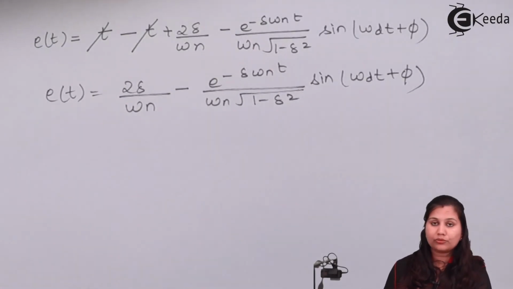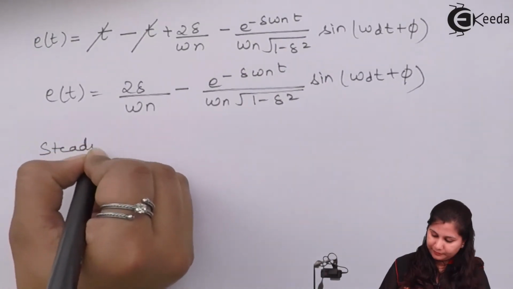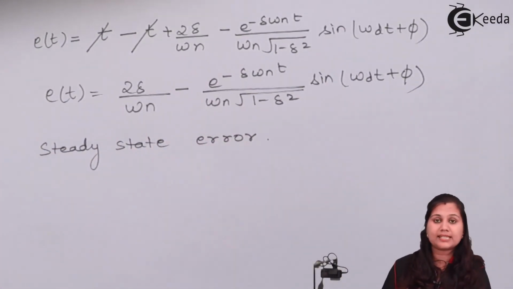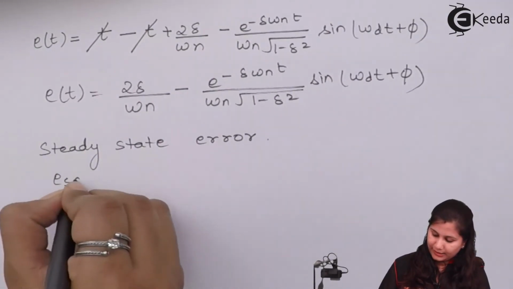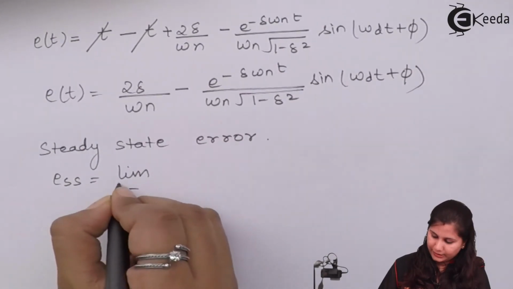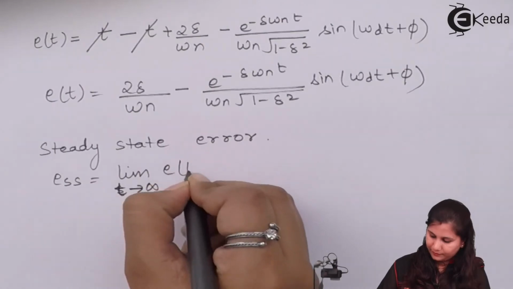Now if we want to find out the steady state error, the steady state error is given by e_ss equals limit t tends to infinity of e(t).